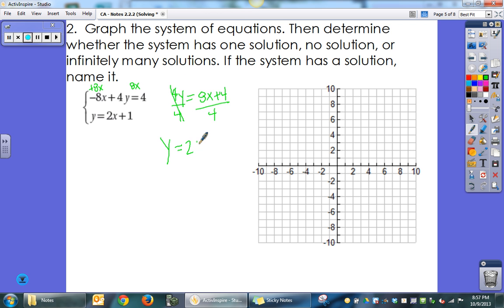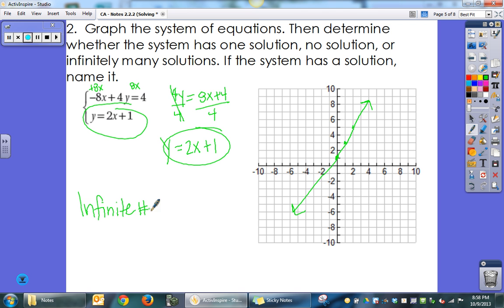Y equals 2x plus 1. Alright, and you'll see right away these are actually the same line. So when I go to graph them, my y-intercept is 1, my slope is 2. And when I go to graph this, I would be graphing the same line on top of itself, which means there is an infinite number of solutions.